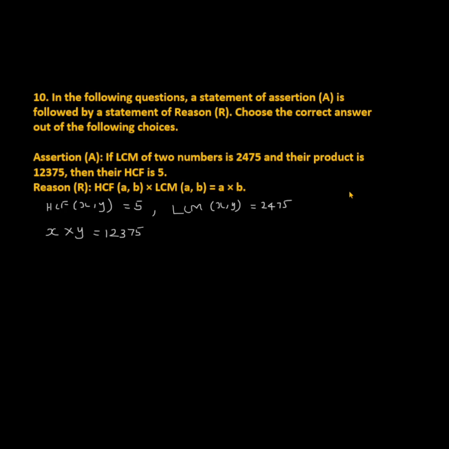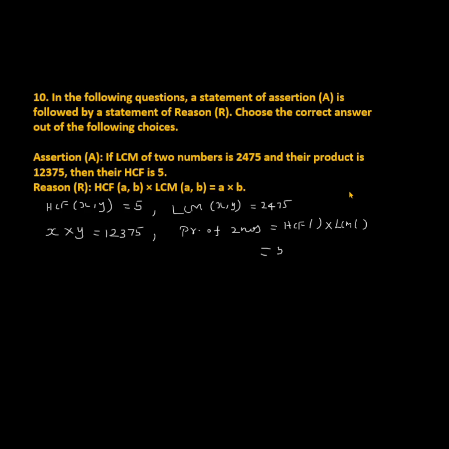We know very well the product of two numbers is equal to the HCF of the two numbers into the LCM of the two numbers. So we check. We are not having the two numbers separately, we are having the product.